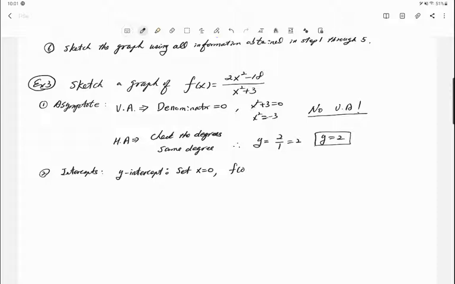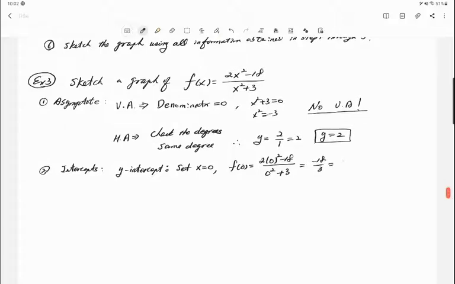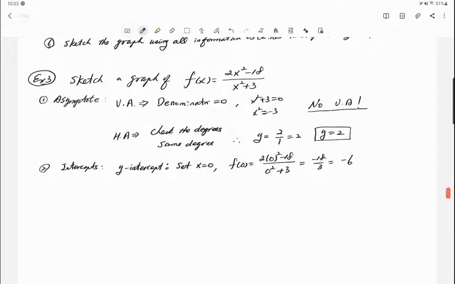So f of 0 is 2 times 0 squared minus 18 over 0 squared plus 3, which is negative 18 over 3, so negative 6. The y-intercept is when x equals 0, y is negative 6. So we're going to plot this point for the y-intercept.